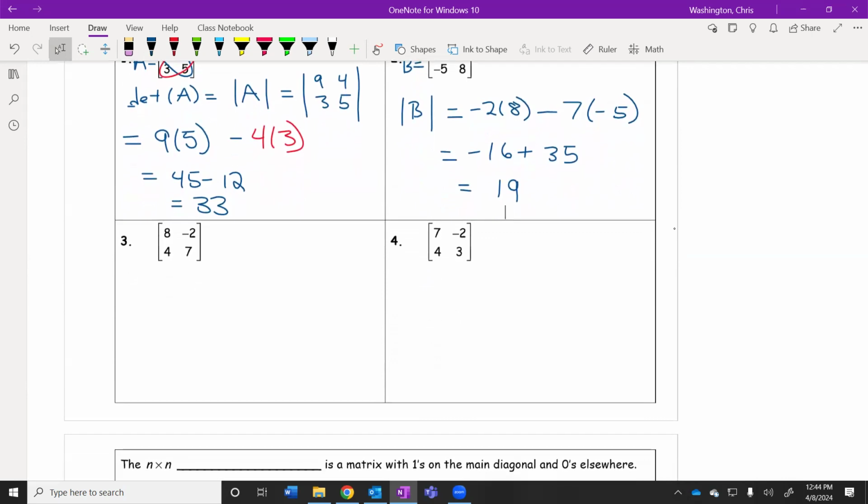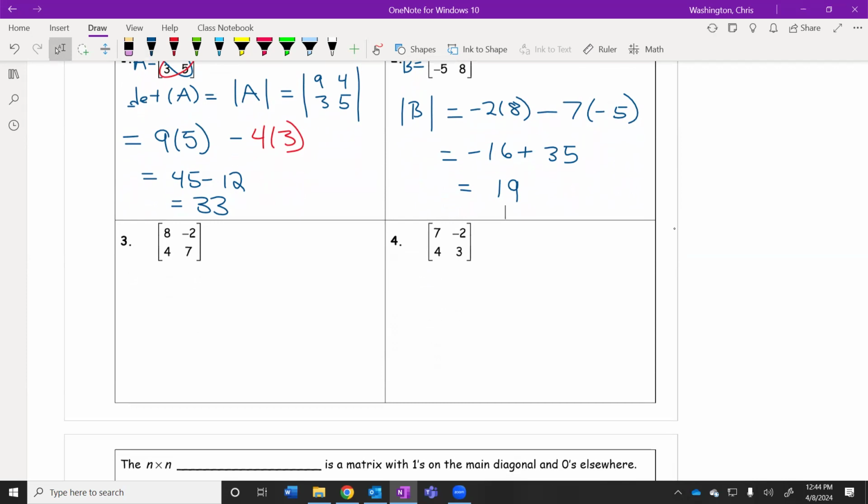I'll give you maybe a minute or two to do number 3 and 4, and then I'll give you the answers and work them out if I need to. Try number 3, try number 4.